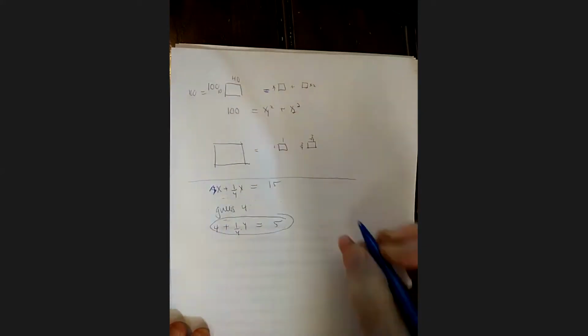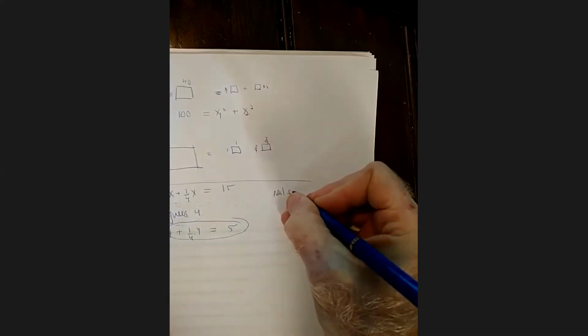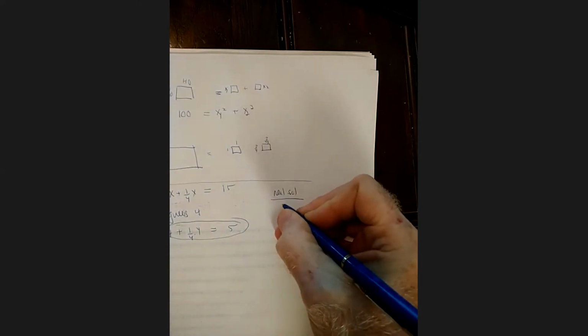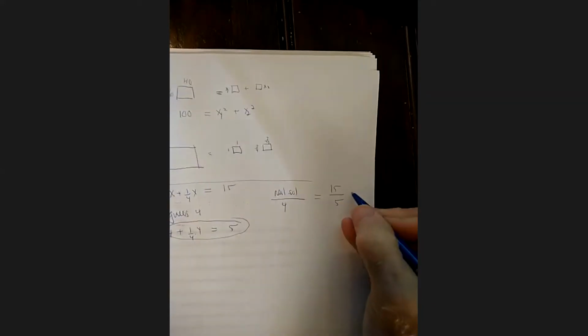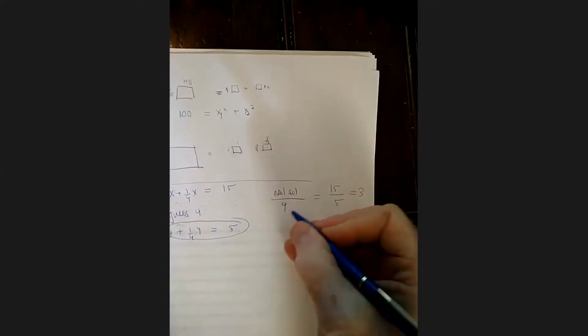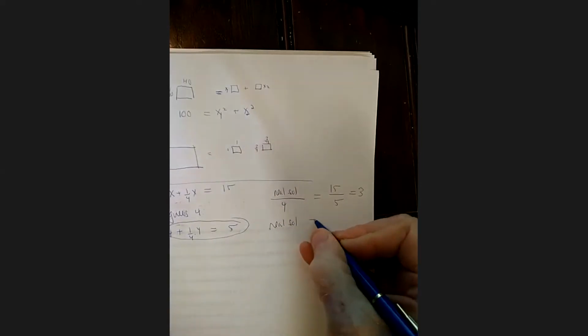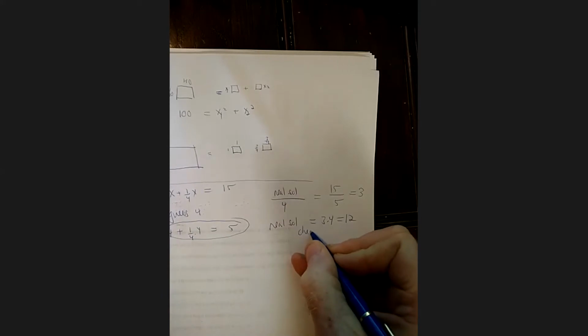And then we said to solve this, we use that the real solution over the guess, which was 4, is equal to the real answer over the number that we got, 5. And so what we had was a factor of 3. So we realized that the real solution was going to be 3 times 4, which is 12. And you can check it, and I'm not going to bother to do that. So that's what we did.